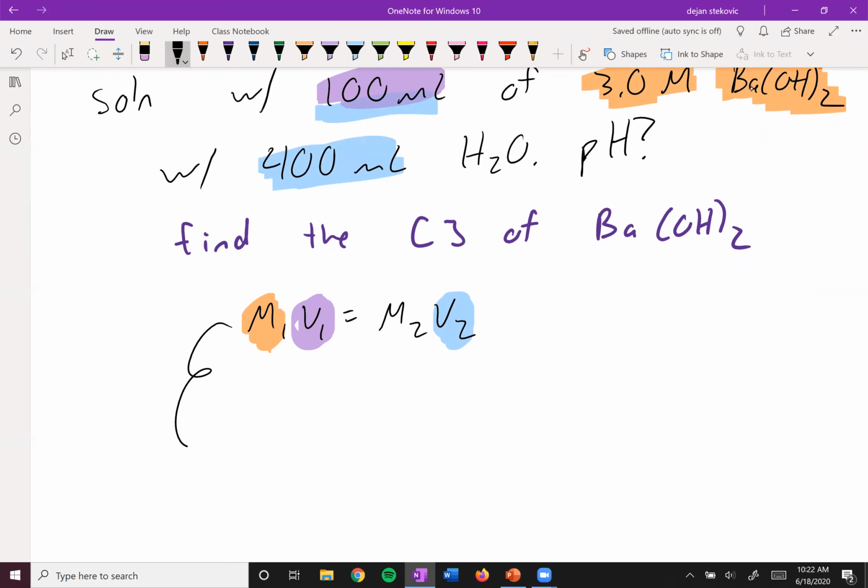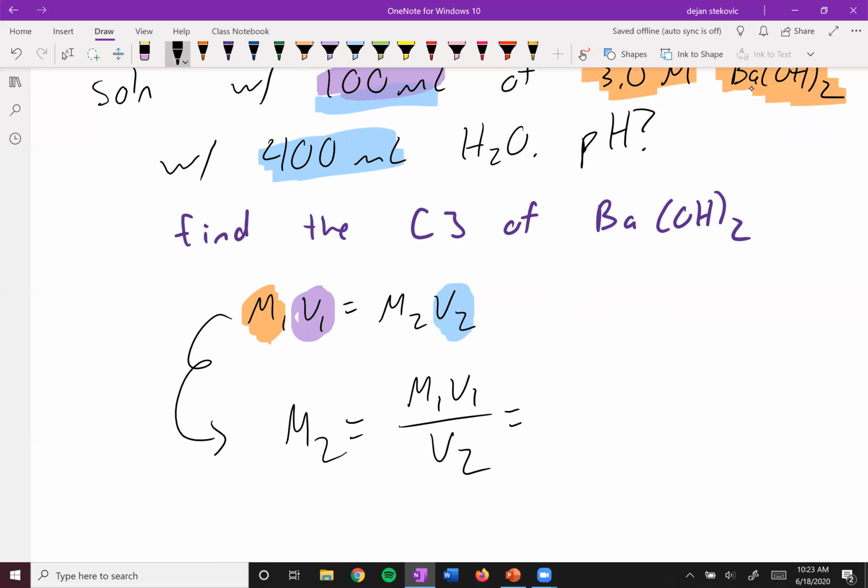And so then we can reorganize this equation to solve for M2. So divide both sides by V2. So we get M1V1 over V2. And then we plug in our stuff here, right? This is 3.0 molar. V1 is 100 mL or 0.1 liter, and V2 is 500 mL or 0.5 liters.